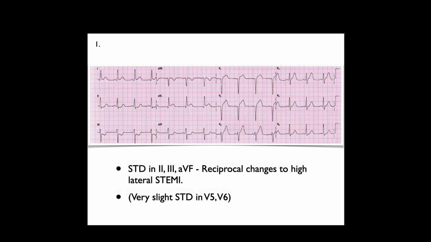Specifically, what I'm asking here is, is there ST depression? Yes, there is. You accurately said in 2, 3, aVF, and then the question you have to answer is, why is that ST depression there, to the best of your knowledge, looking at this 12 lead? And you accurately said reciprocal changes, specifically to the high lateral. So you're correct about the septal anterior STEMI there. Go ahead. I'm seeing some elevation in 1, but it's pretty minimal.